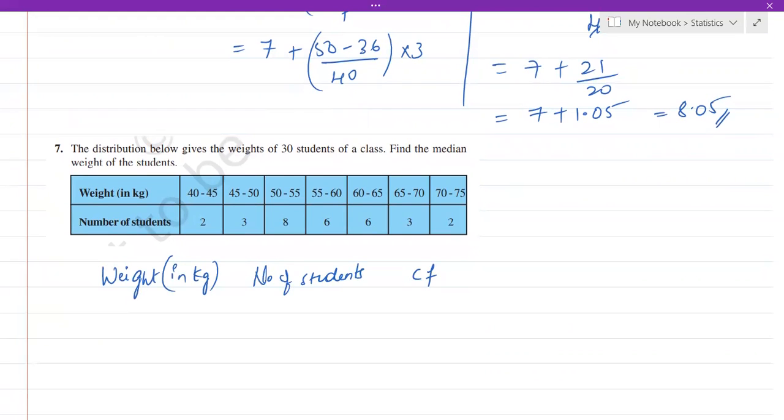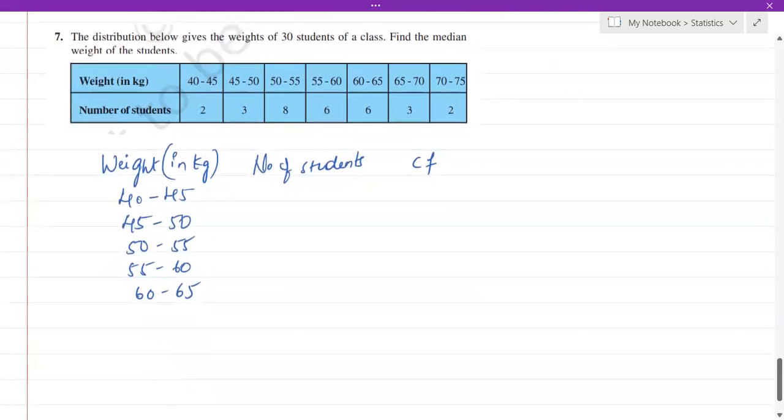So the first one is 40 to 45, then 45 to 50, 50 to 55, 55 to 60, 60 to 65, then 65 to 70, then 70 to 75. That's it, isn't it? Then 2, 3, 8, 6, 6, 3, 2.